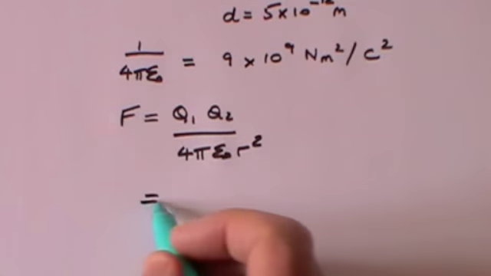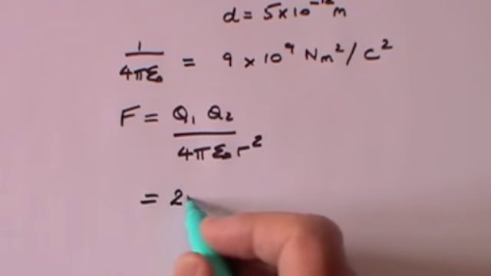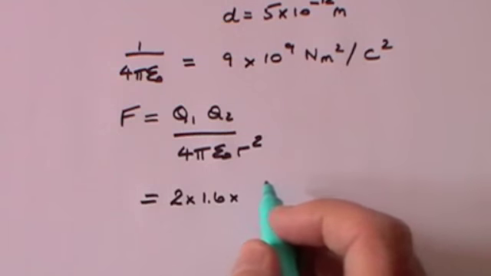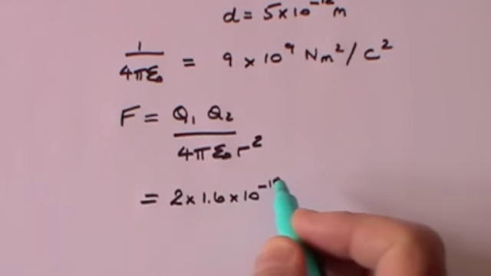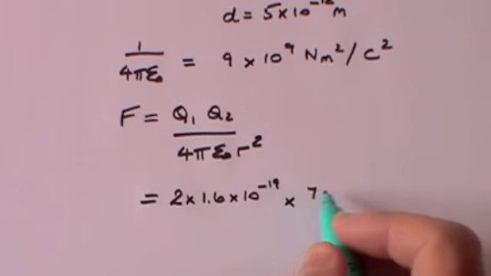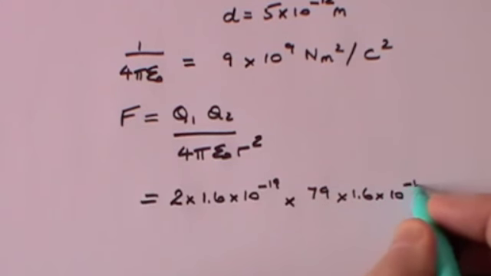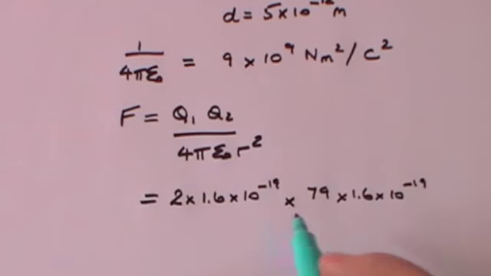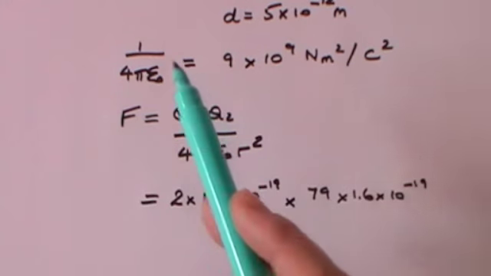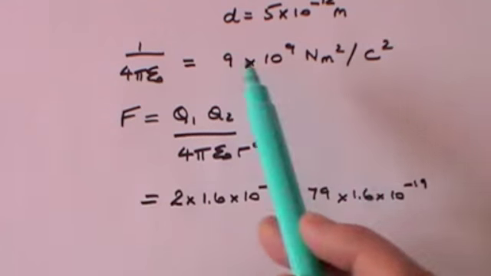So we've got that force is equal to, well, let's take the alpha particle will be 2 times the charge on an electron, which is 1.6 times 10 to the minus 19 coulombs, multiplied by Q2, which is 79 electrons worth. So that's times 1.6 times 10 to the minus 19. That's Q1, Q2. Now it's 1 over 4 pi epsilon 0, but we're told that 1 over 4 pi epsilon 0 is this value here.